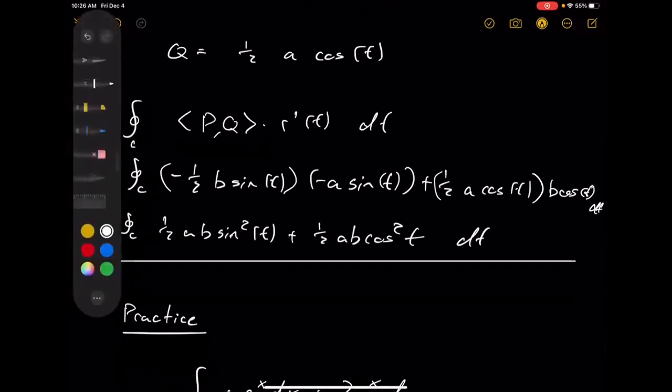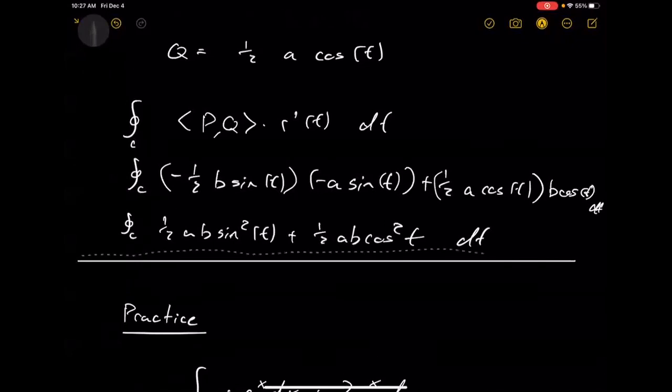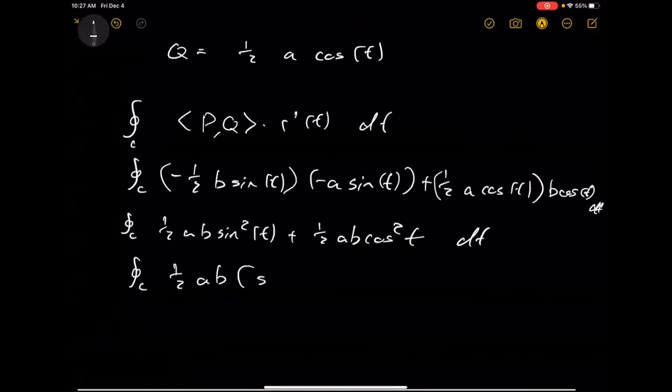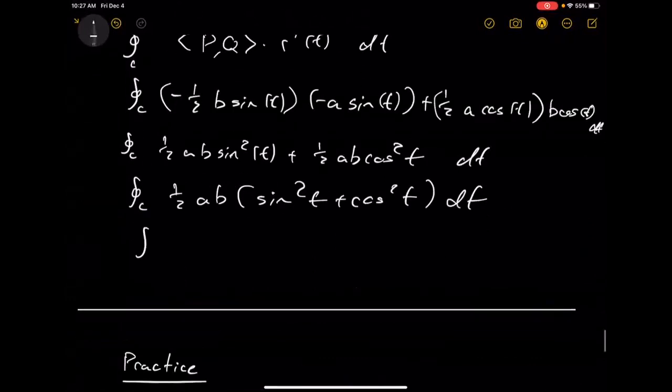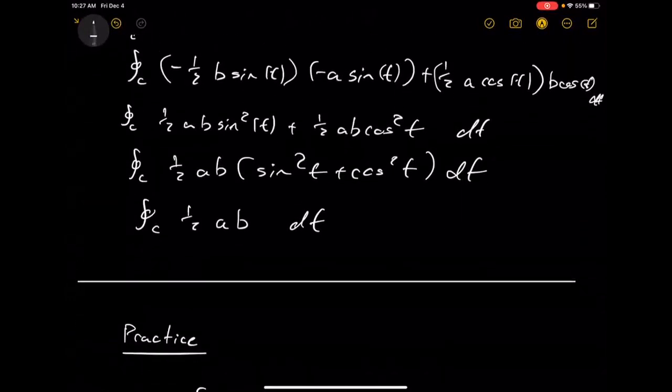So let's see, sine squared plus cosine squared is 1. All right. I factor out the 1/2 ab on both terms, so I get 1/2 ab times sine squared t plus cosine squared t dt. That's 1/2 ab dt. So I integrate along my curve.